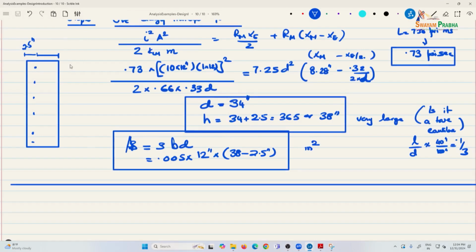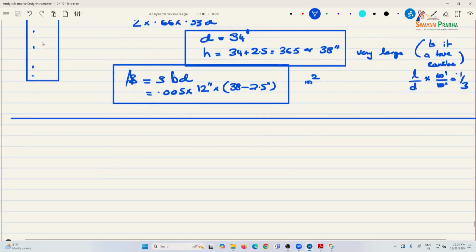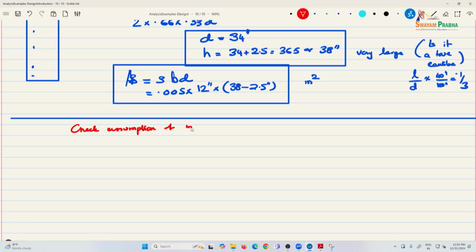Let us just check our assumption. I do not have the calculations with me here, so please help me with it, of impulsive response. So, we need to calculate Tn, which is 2 pi square root of m over Ke.